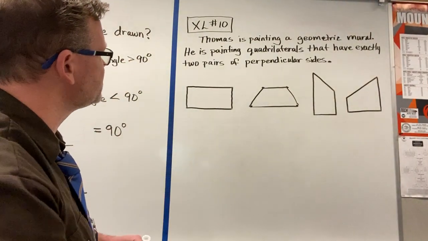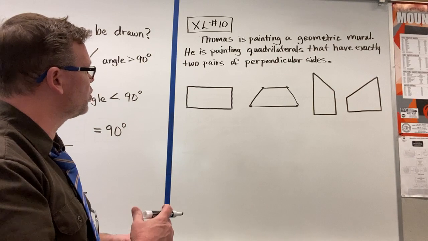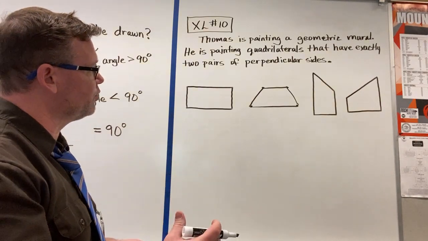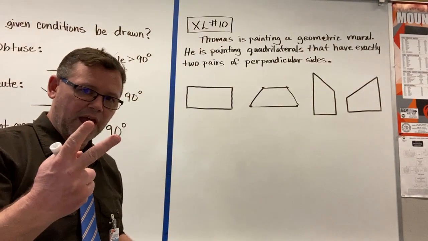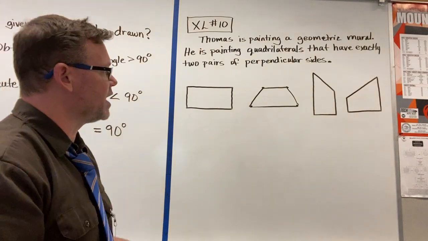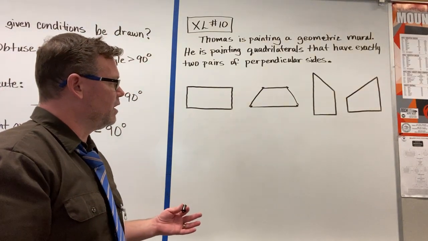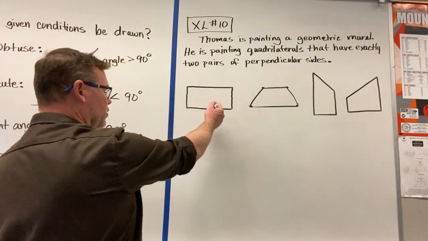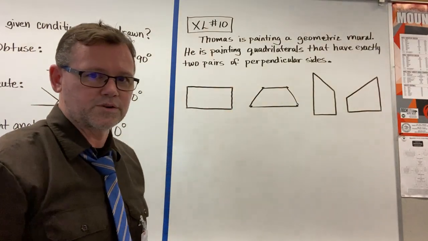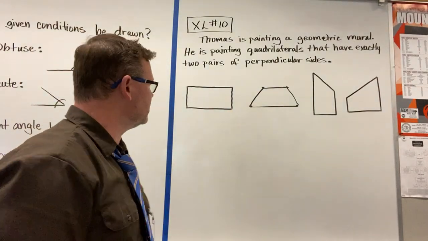So let's read this. It says, Thomas is painting a geometric mural. He's painting quadrilaterals that have exactly 2 pairs of perpendicular sides. So when I looked at this, I'm sitting there going, this is the only one that's there because it's 2 pairs, right? But here's the deal.